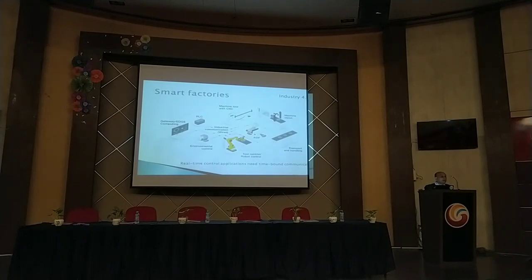So they are called smart factories, right? In a smart factory, there may be robots that carry material from one place to another, and they may be moving around in the same space where humans are also moving around. You may have seen that companies like Amazon use robots to go and pick up the materials that are ordered by people.